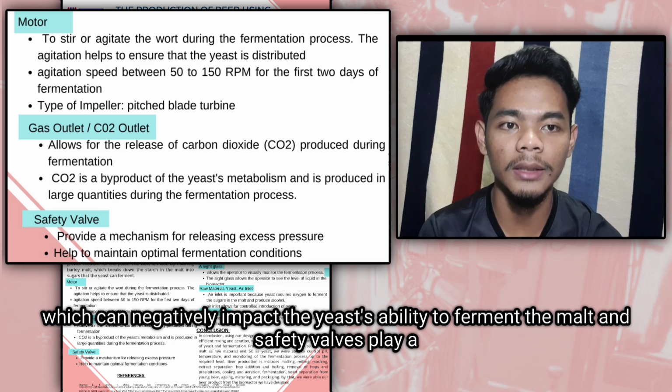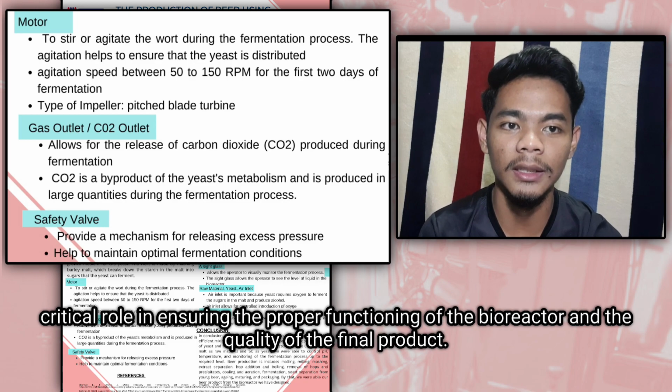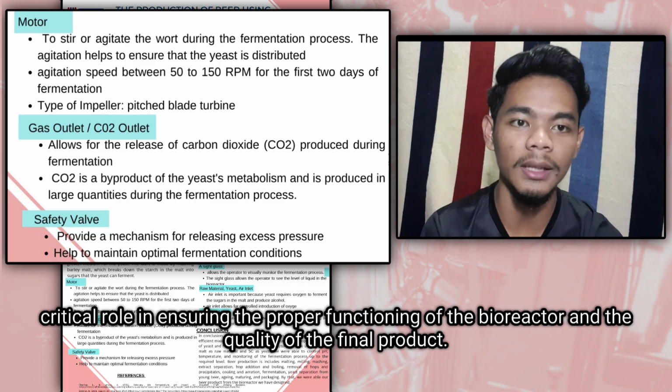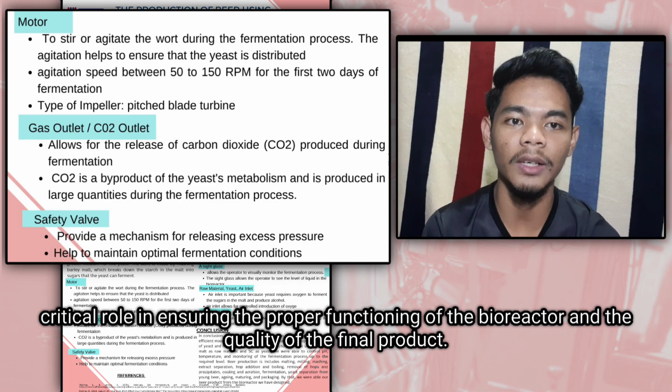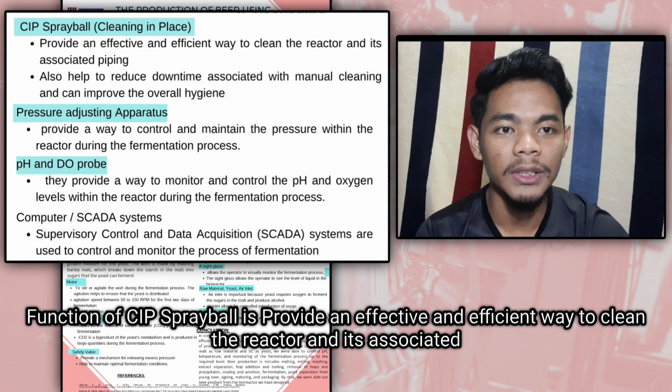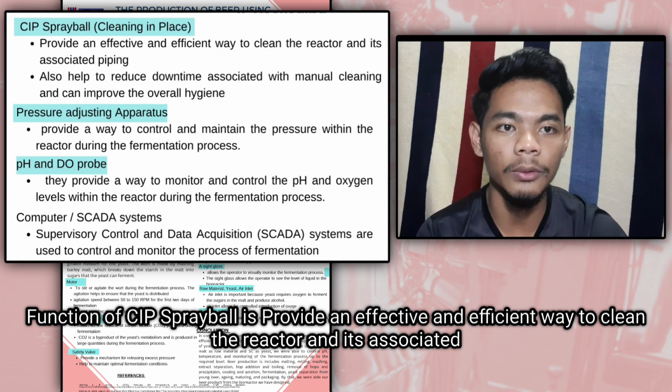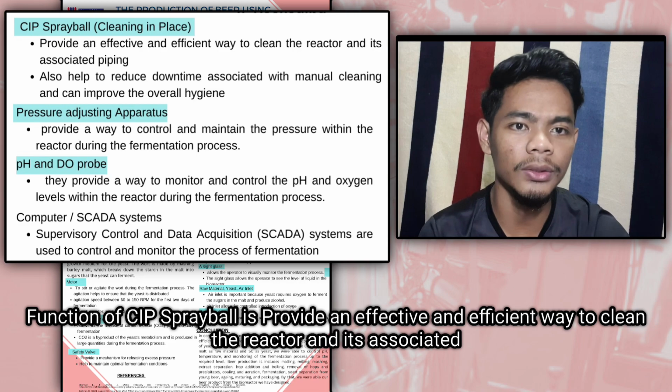The malt and safety valve play a critical role in ensuring the proper function of the bioreactor and the quality of the final product. The function of the CIP spray ball is to provide an effective and efficient way to clean the reactor and its associated piping.